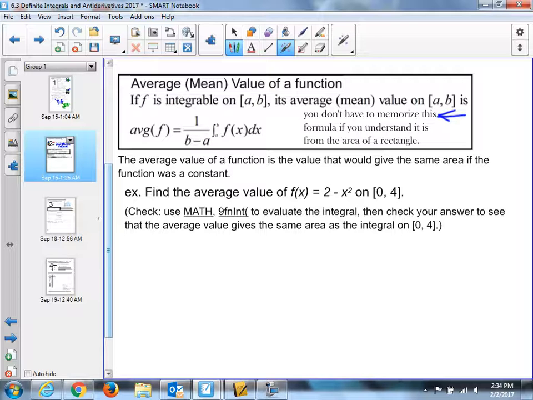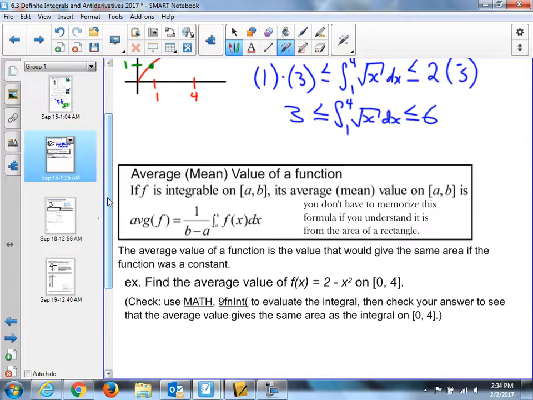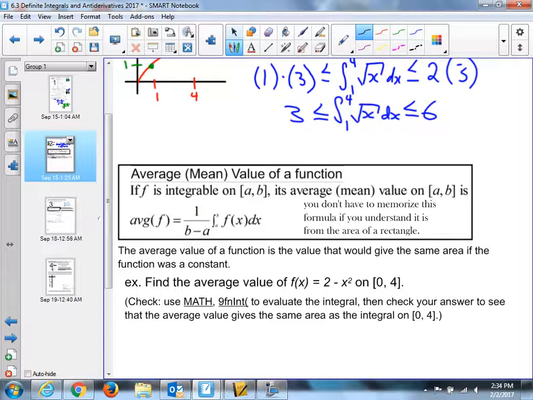You don't have to memorize this if you understand that it's really taken from the area of a rectangle. What do I mean by that? I'm going to put this above here. If you have a function here, say some kind of quadratic function, I don't care, it's some curvy function, and from a to b, I can move it sideways.